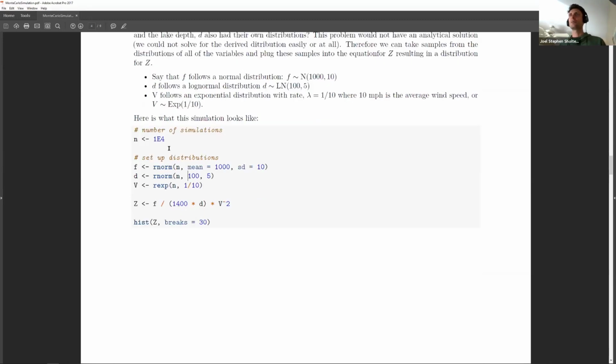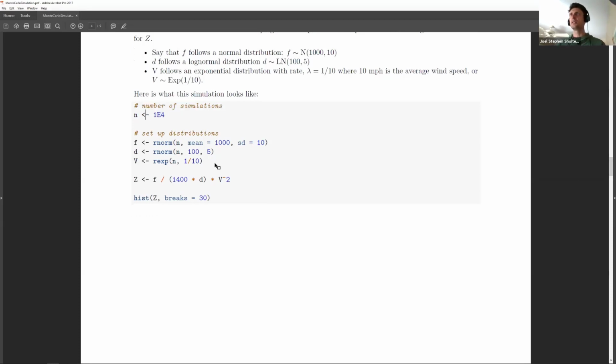So to do this, we'll set up our number of simulations, so n is equal to 10,000 simulations. And then we'll set up our distributions for each of the parameters. So fetch is rnorm with a mean and a standard deviation that we're given. Depth, I forgot to put rlnorm here, but again, it doesn't matter, we're just doing this for illustration.